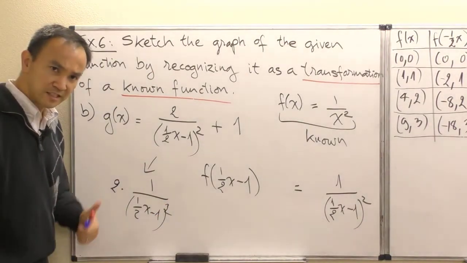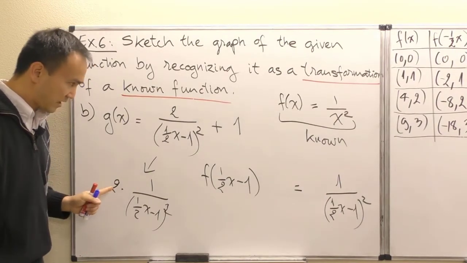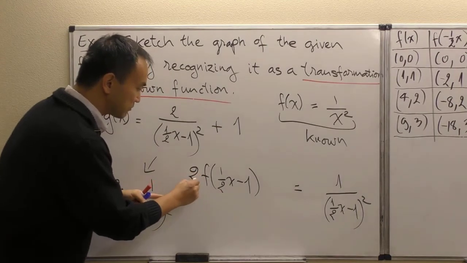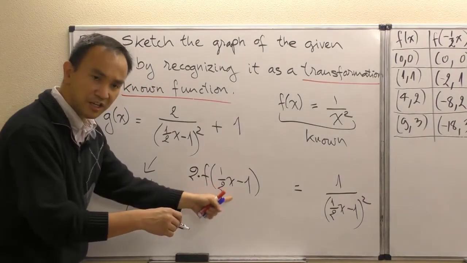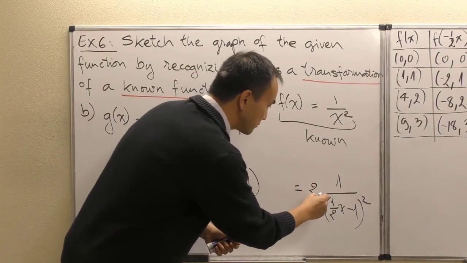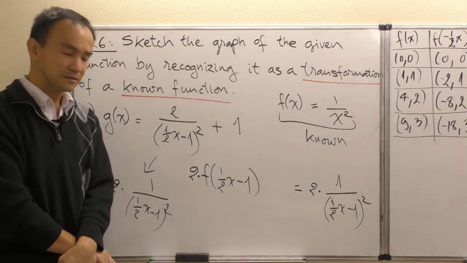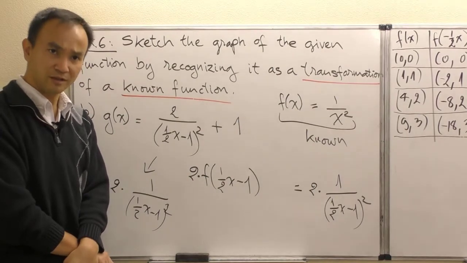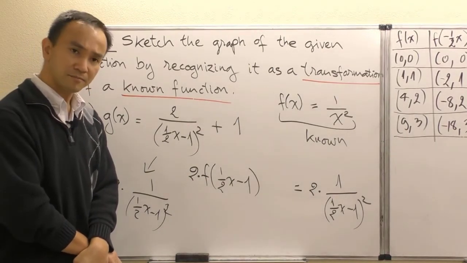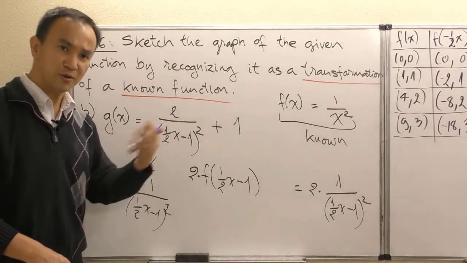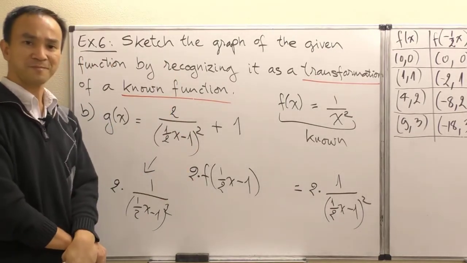And so now it's another bingo point for us right here. I now just realize this expression here really is 2 times our f of this linear expression. So now I'm even closer. Because 2 times all that really is 2 over that whole square if we put that into one fraction.